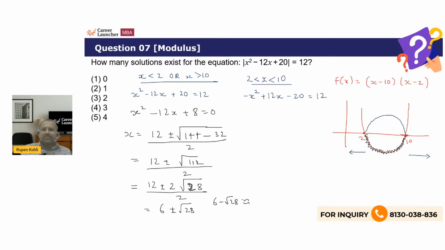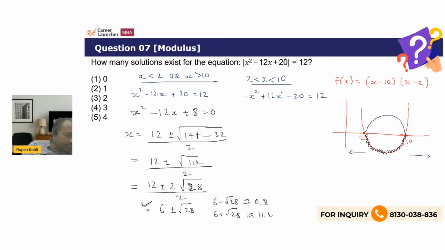So 6 minus 5.2 is approximately 0.8. So yeah, it is less than 2 for sure. And 6 plus root 28 is approximately 6 plus 5.2, so 11.2. So yeah, that is also falling in that range. So both these solutions are acceptable, right? So we get two solutions from here.